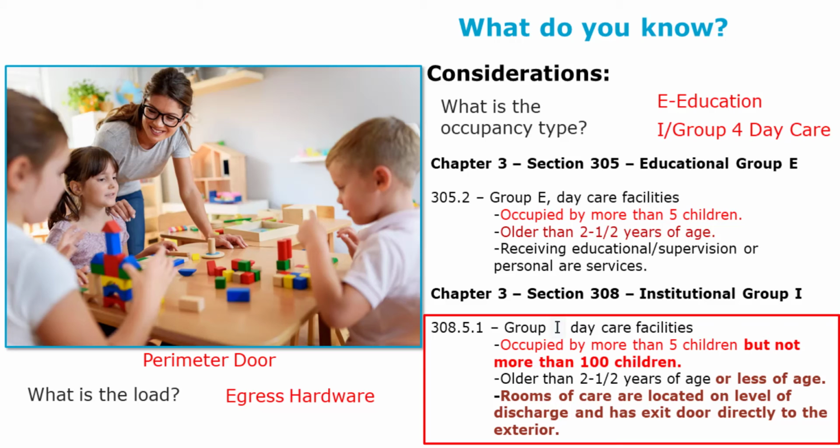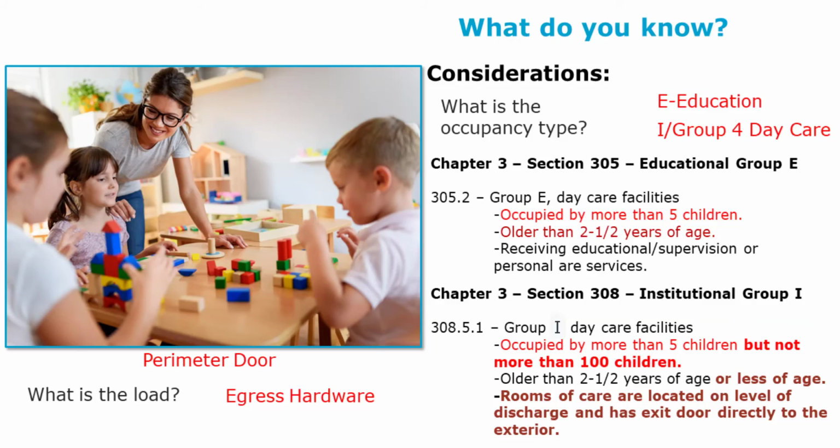So they have a separation when it comes to thinking about child care. What type of facility are they in? E educational group, 2.5 years of age and older, 5 or more children, or up to 100 children of all ages from infants to whatever age, and oftentimes they have preschool programs in some of these schools as well.